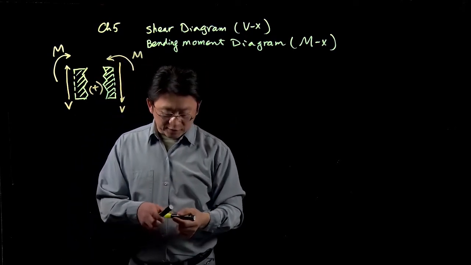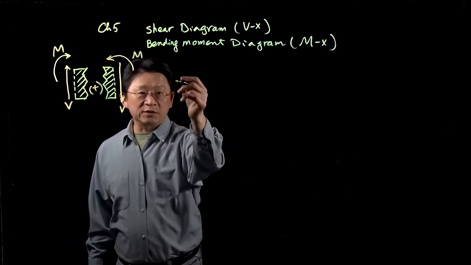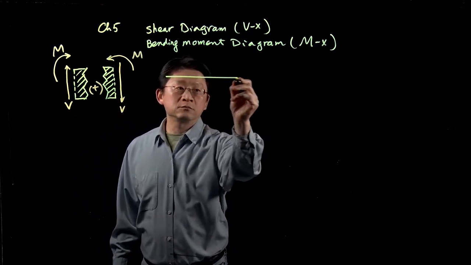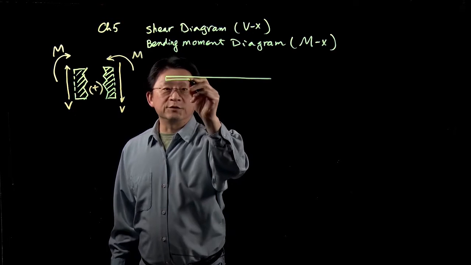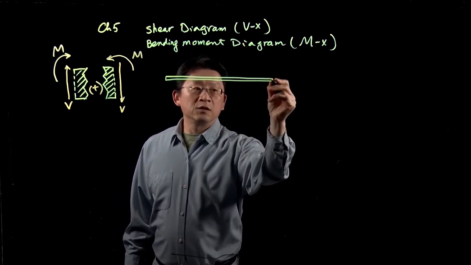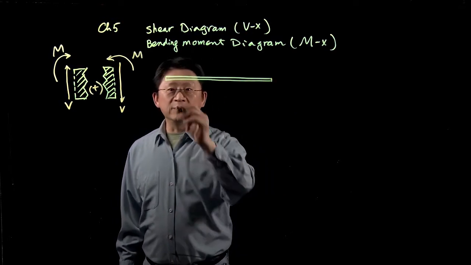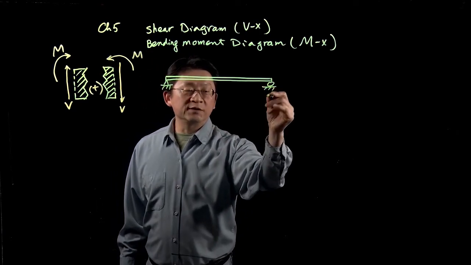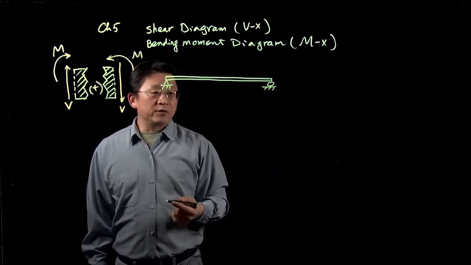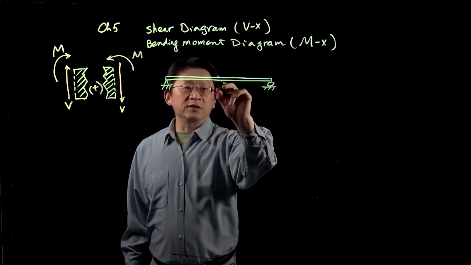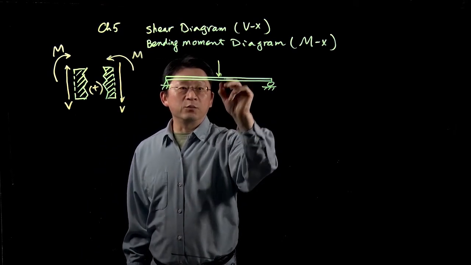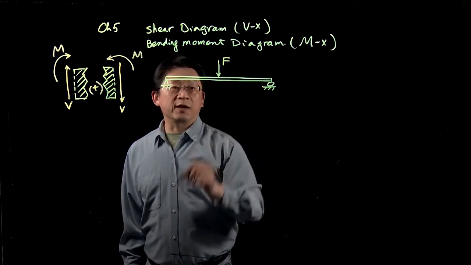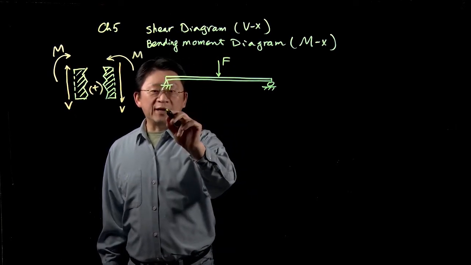Let me use one example quickly to demonstrate the concepts. Consider a beam, for example simply supported, in a very simple case, with a point load F right at the middle.